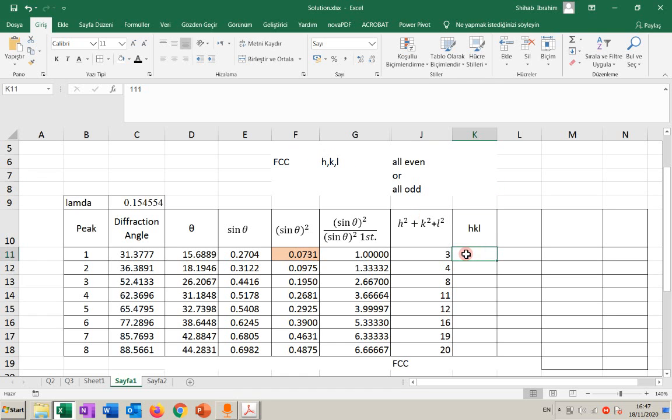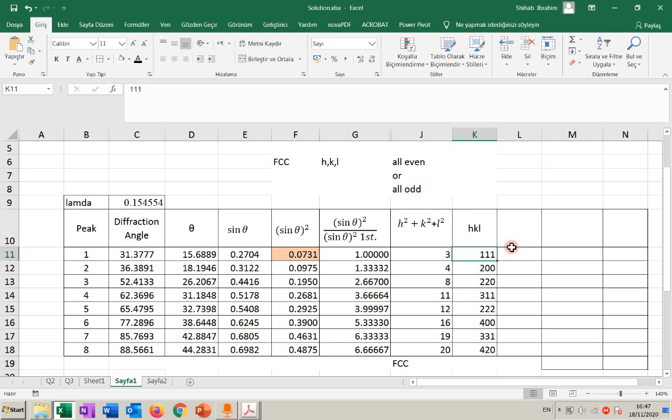So we know that this is going to be 111, 200, 220, and then 311, 222, 400, 331, and 420. We know them directly, so we just write them down the way they are: 111, 200, 220. You do the summation, their squares will be those numbers, and you look at them, they are all even or all odd.